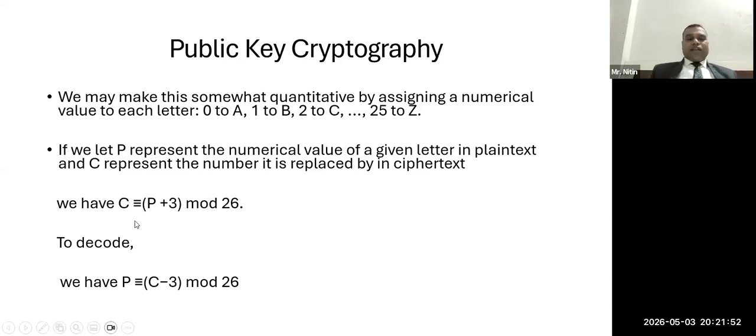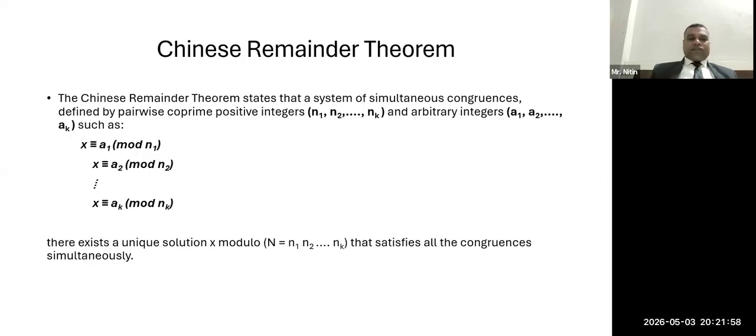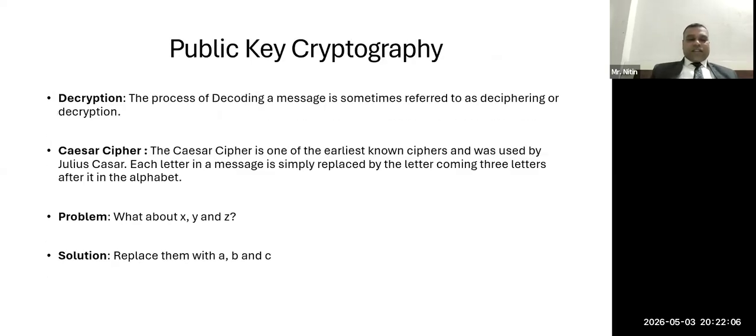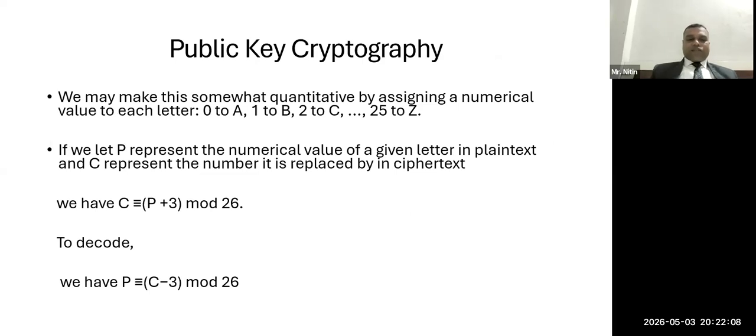So now we have C. So how do we read this, guys? Yes, already we learned here congruence, right? So congruence, how we represent it with three parallel lines. So C congruent to P plus 3 mod 26.